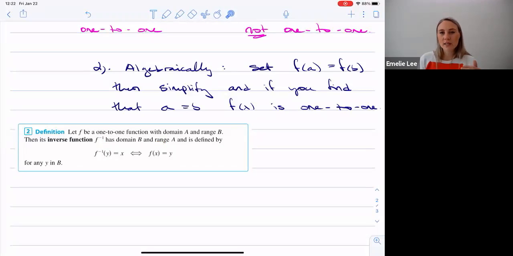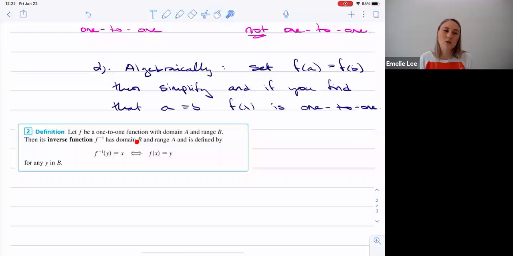So usually it's easier to find the domain than to find the range, right? Sometimes graphically it's easy to see what the range is, but to calculate what the range is can be tricky. So what's nice is if you're able to find the inverse function, then you're able to find the domain of the inverse function, right?